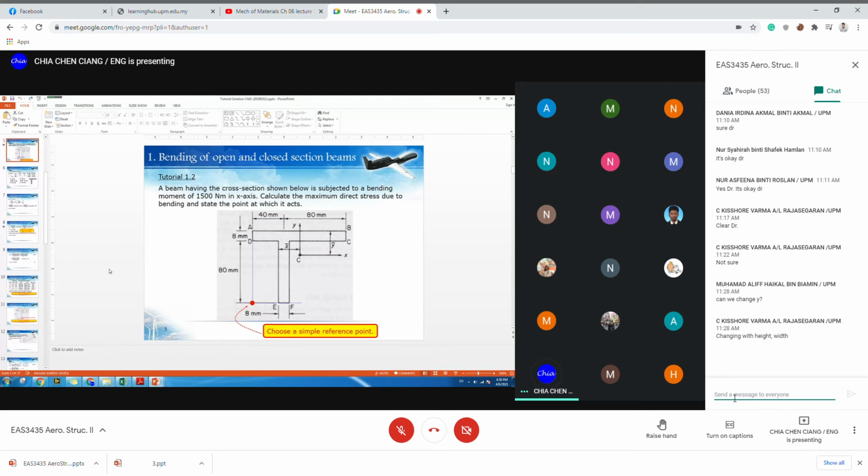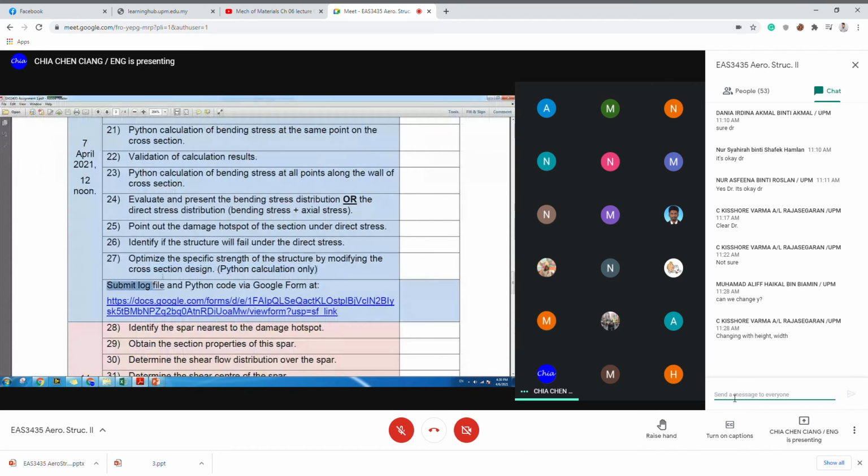So that's why I asked: do you have an easy way to change the design? Is your Python code user friendly for changing the design of your wing, of your beam?